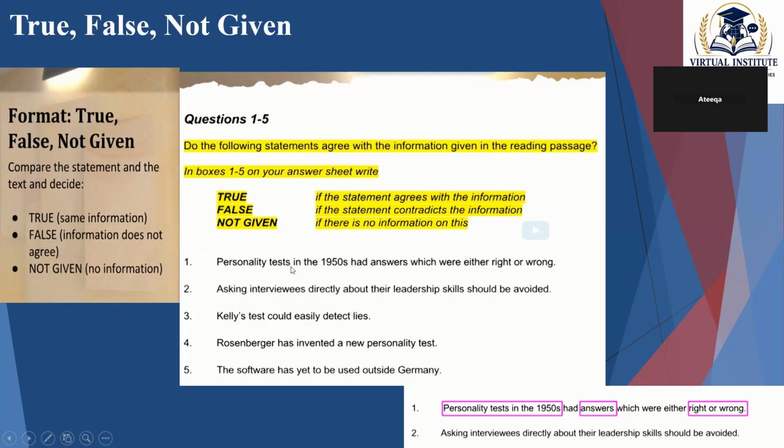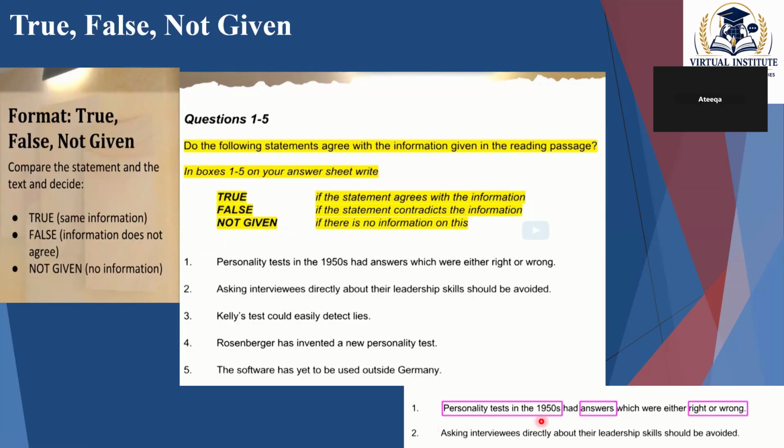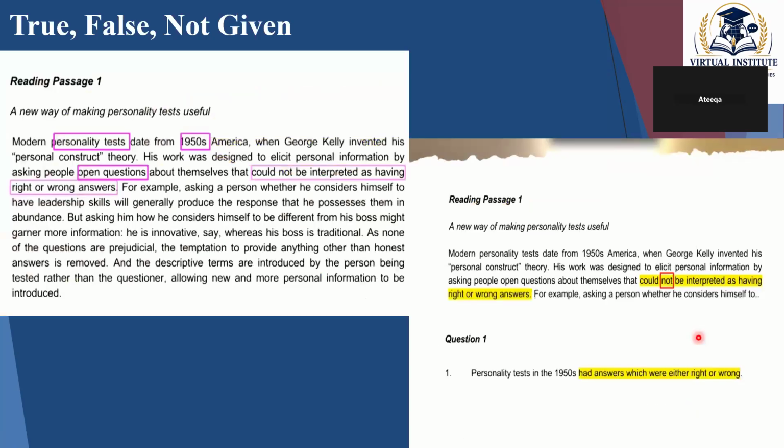So if we take the first question, here are some of the keywords that we have highlighted, right? The highlighted keywords are personality tests in the 1950s, answers, and right and wrong. So these are the keywords in question number one. Now here is the passage, and we have highlighted the exact words, personality tests, and 1950s is also here, right?